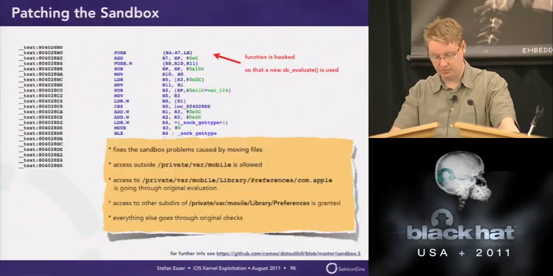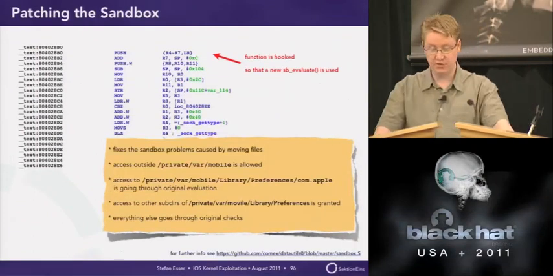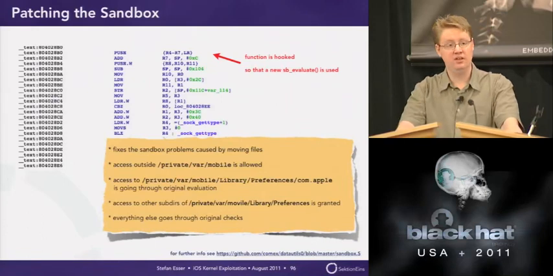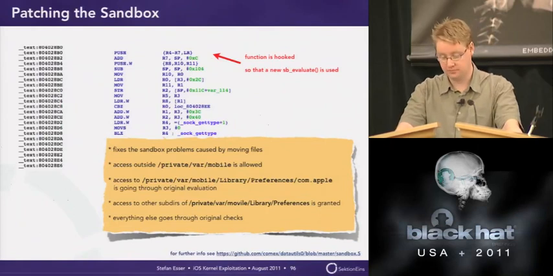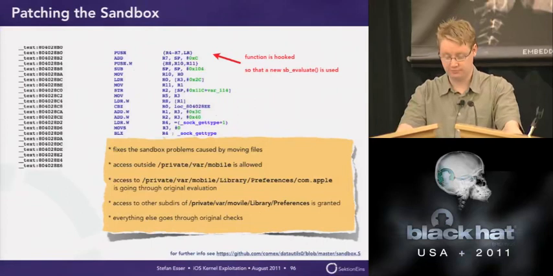Oh, actually, I should show the slide. So what comex does is he goes to the function called SB evaluate, sandbox evaluate, and puts a hook in there. And the hook basically redirects it to some code that you can also look at on GitHub. And this hook will replace the logic of the SB evaluate function to check for specific paths. So if the access is outside of private var mobile, it will be allowed.